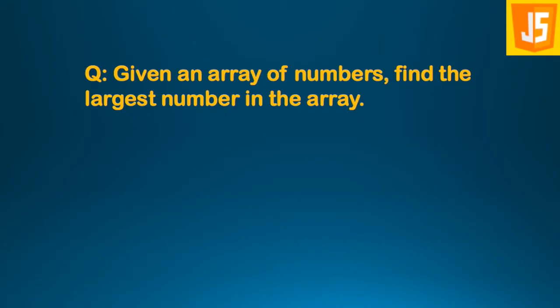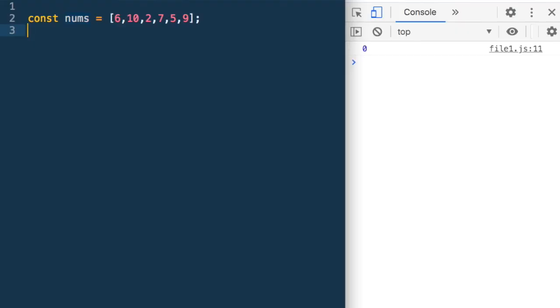Given an array of numbers, find the largest number in the array. Let's say we have this array of numbers and we want to find the maximum value. And let's make an assumption that all the numbers are greater than or equal to 0. So let's say nums dot reduce function accumulated comma current.